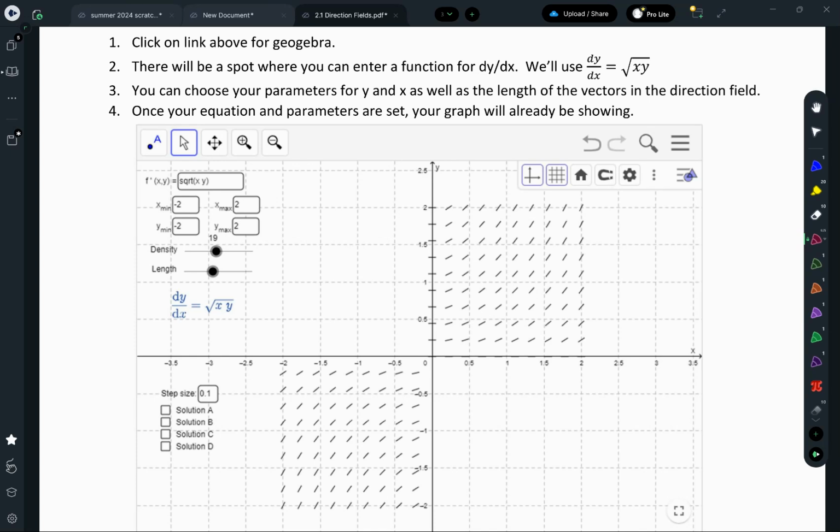So I could look at this and say, it looks like if these are lineal elements and each one is supposed to be tangent to my solution curve, then if I was to start out somewhere on this graph and try to draw what a solution looks like, it might just follow along this flow, right?